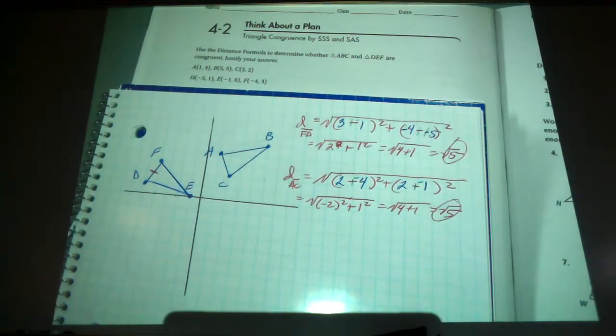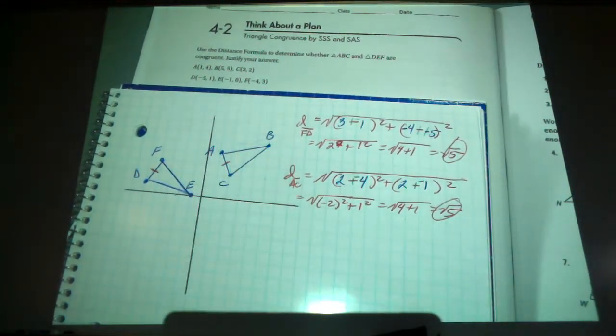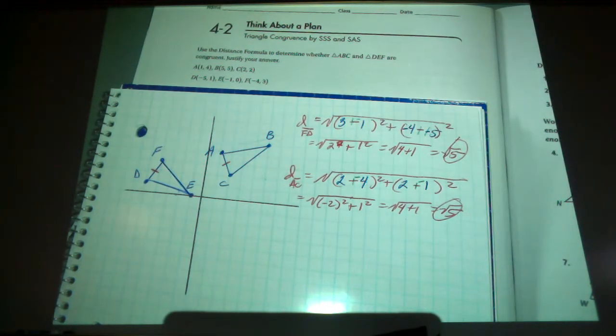So those agree, and I can single tick mark that. Then you've got 4 more. I want you to find the distance of all 4 sides. You can do that in 2 or 3 minutes. Go for it.